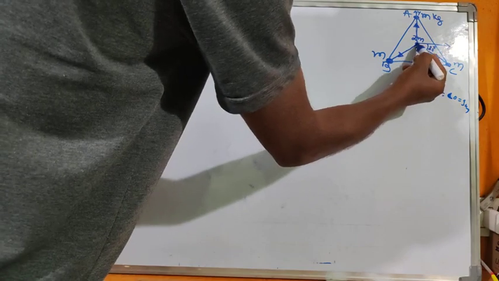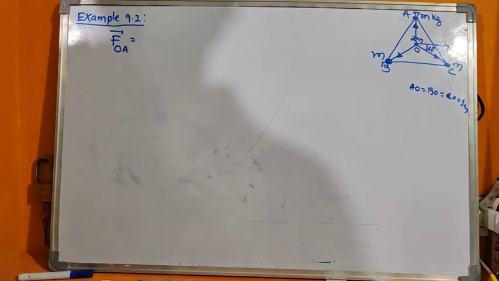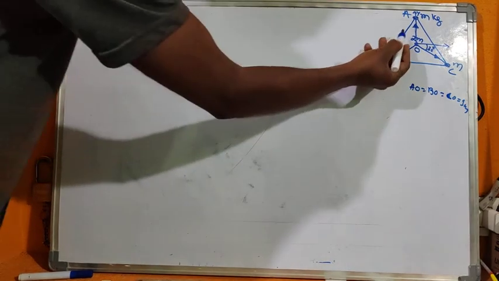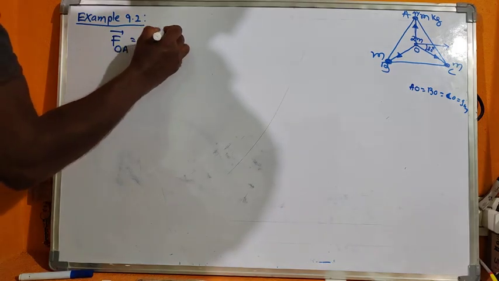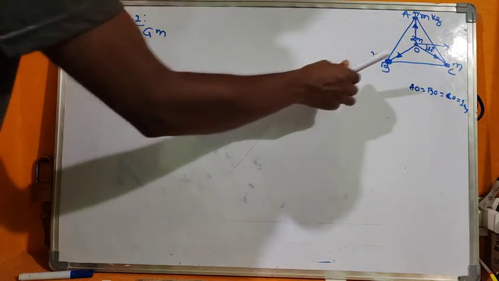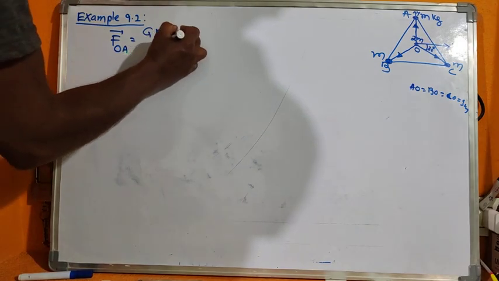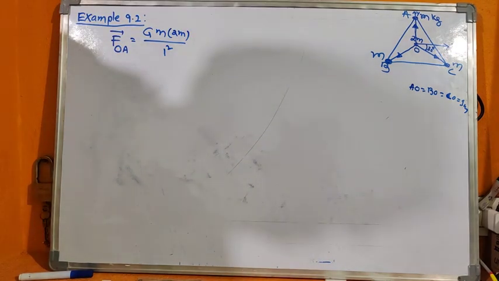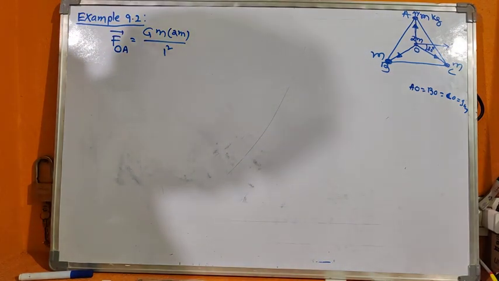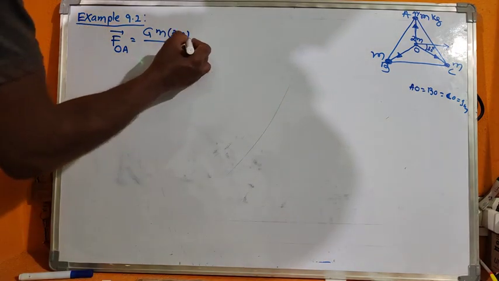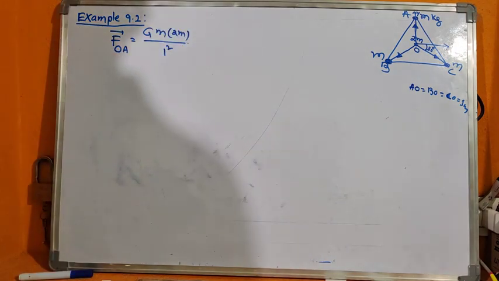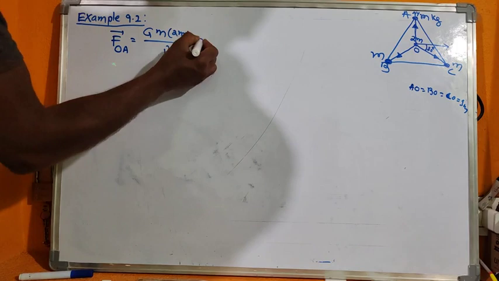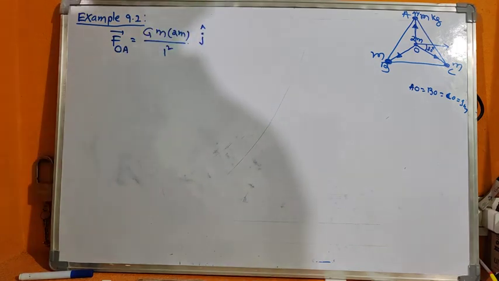So it is equal to capital G m1, the mass at vertex A, and the mass at O, 2m, by r squared, where r is the distance AO, equal to 1. Then what is the direction of this force? Because the gravitational force is a vector quantity, it is directed along the y-axis, so to represent that, it is j cap.